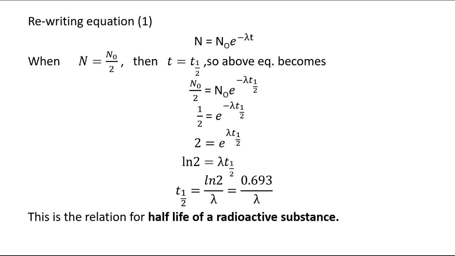After substitution, N naught cancels out, and after taking the log we have the final relation, T half is equal to natural log 2 over lambda, which is valid for the half-life of a radioactive substance. So we must know lambda to find the half-life of the radioactive element.